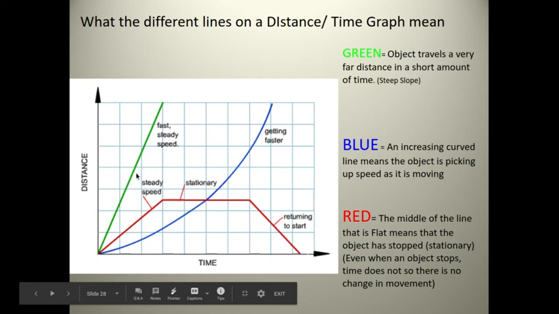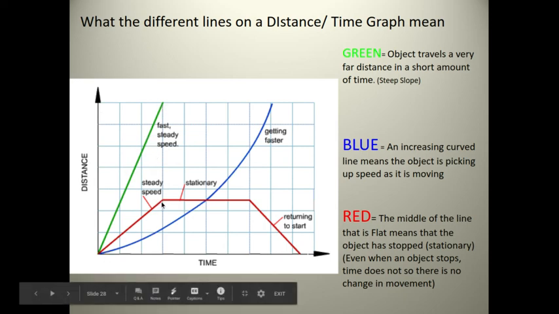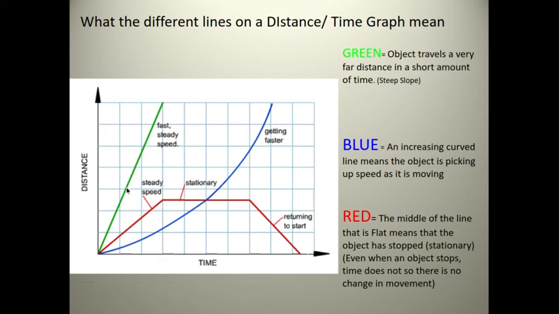They're both representing steady speed, but one is representing a much faster speed, an increased slope. When you think about it, it's traveled a further distance than this segment of the red line, but in the same amount of time.